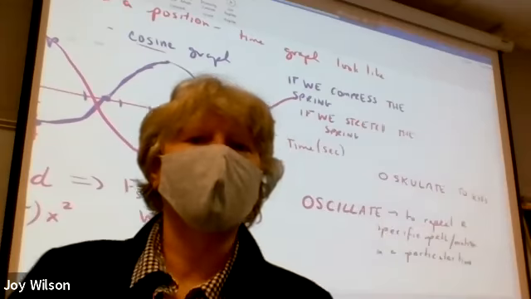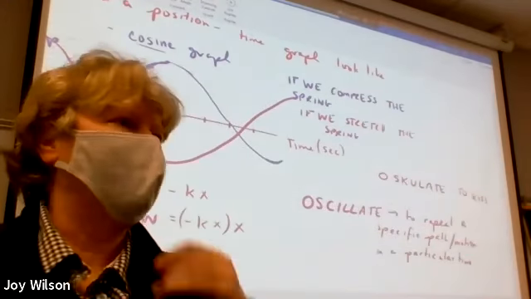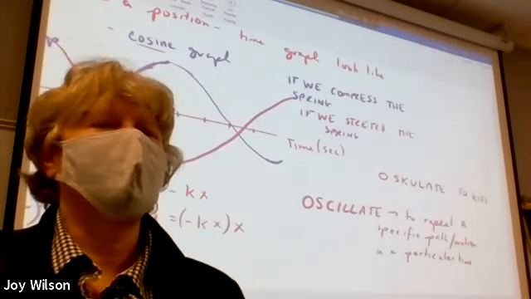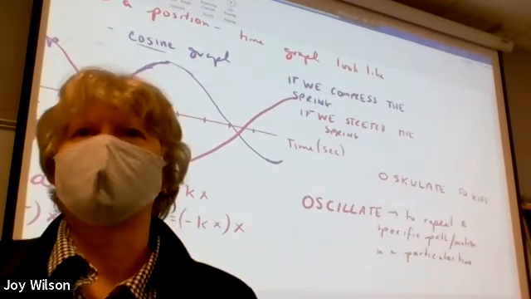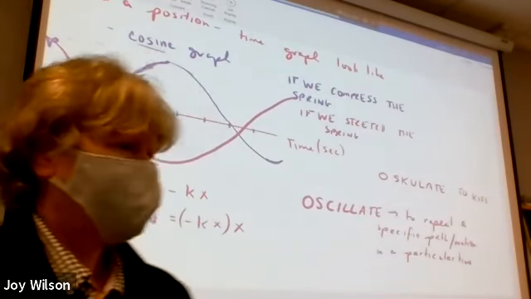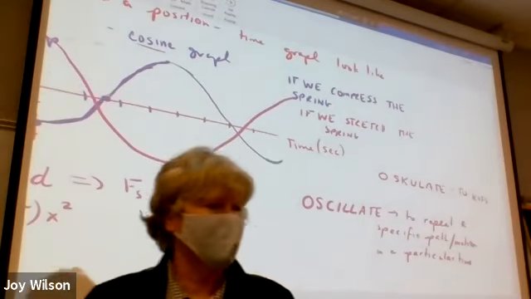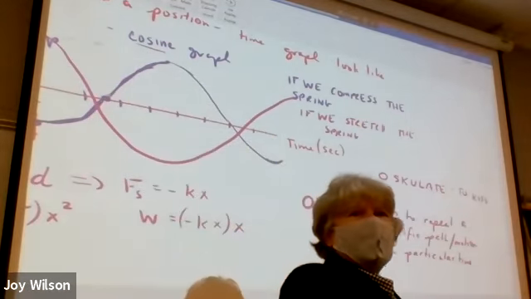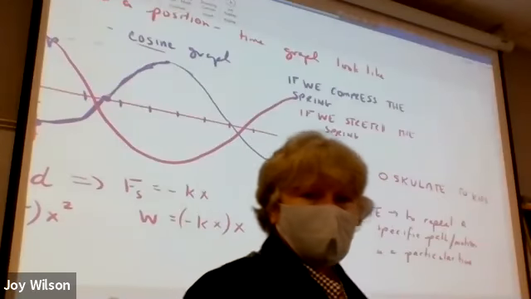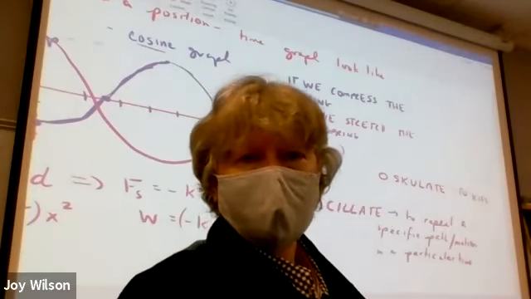So in physics, we oscillate, we don't osculate. Also in COVID season, osculating is dangerous. So osculate is to kiss, oscillate is to swing back and forth or do a periodic motion. So there's a new ACT word for you.